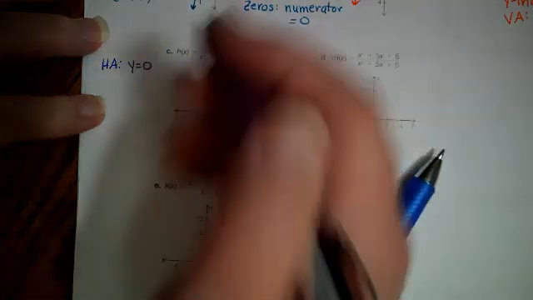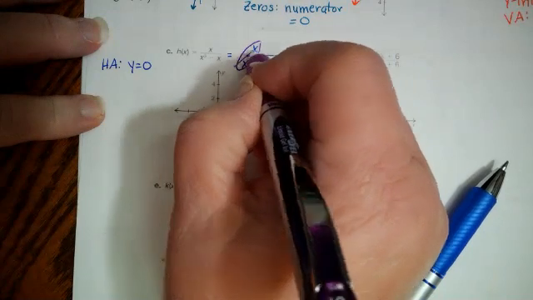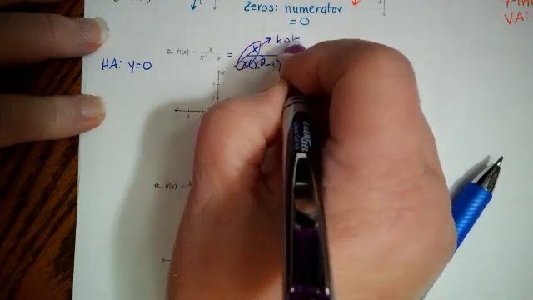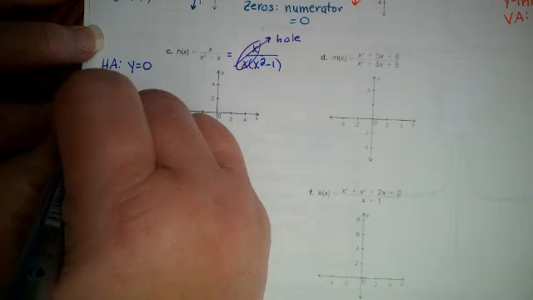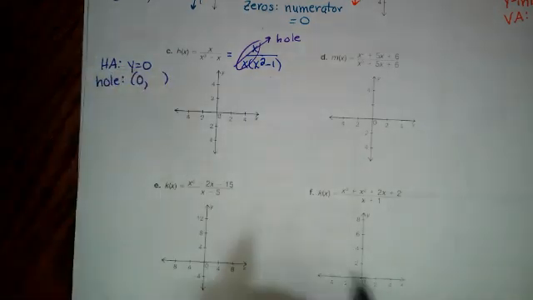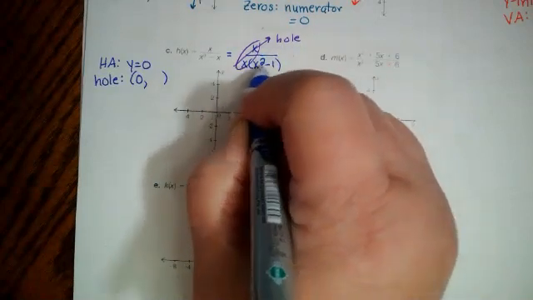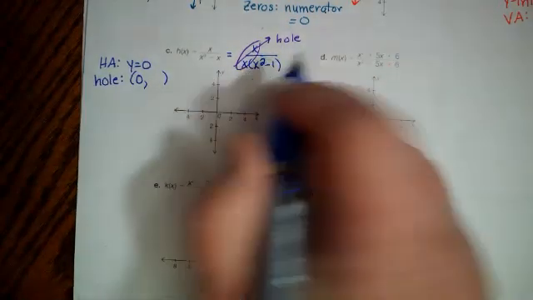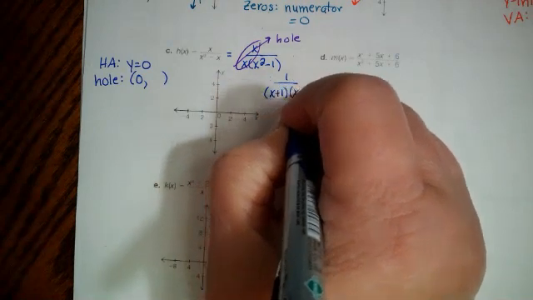Do you see the factor that's going to cancel out and leave us a hole at x equals 0? So we're going to put hole at 0, something. So my new function that I'm going to work with is 1 over, and x squared minus 1 is a difference of squares, so we're going to call it x plus 1, x minus 1.